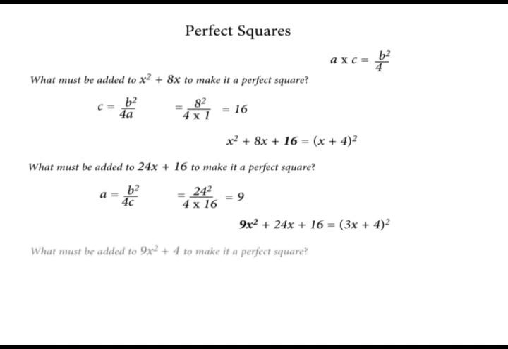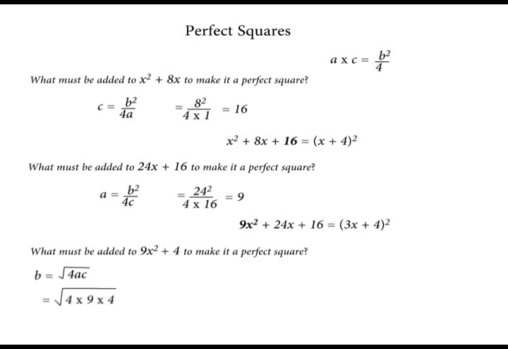Finally, what must be added to 9x squared plus 4 to make it a perfect square? In this case, b is missing. From the expression a times c is equal to b squared over 4, b is equal to the square root of 4ac. That is equal to 4 times 9 times 4.